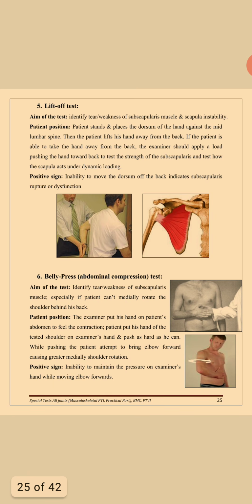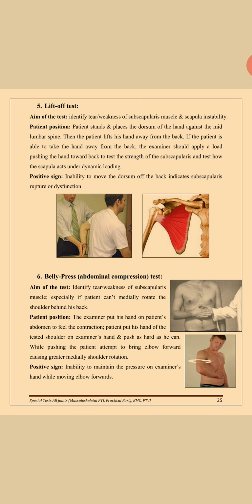Lift off test. Aim of the test: identify tear or weakness of subscapularis muscle and scapula instability. Patient position: patient stands and places the dorsum of the hand against the mid lumbar spine. Then the patient lifts his hand away from the back.